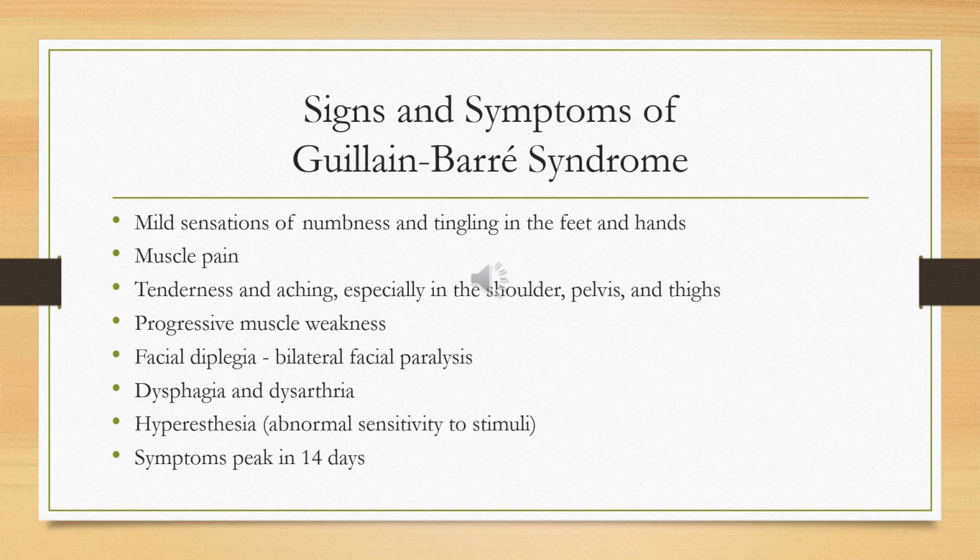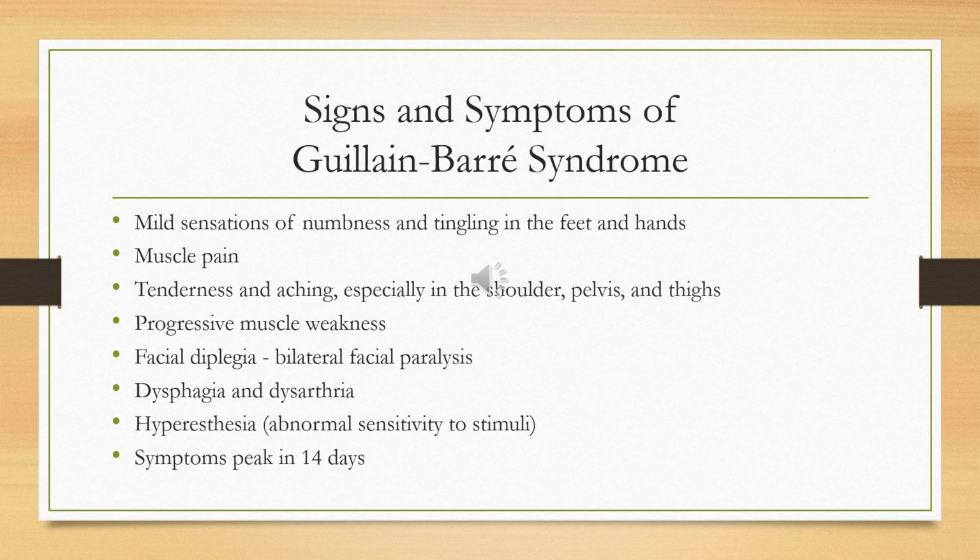So symmetrical muscle weakness usually appears in the legs first, and then extends to the arms and facial nerve within about 24 to 72 hours. You also might have some dysphagia, some muscle pain, some mild sensation, numbness and tingling in the hands and feet.